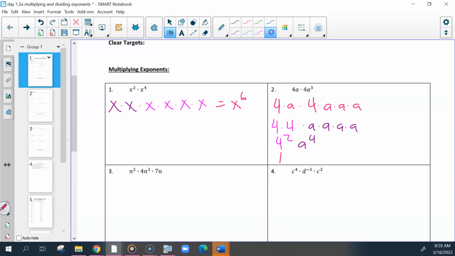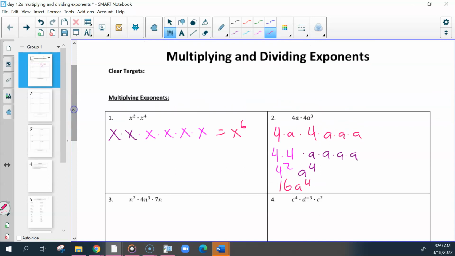So yes, 16 a to the 4th. So yes, we are adding the exponents, but there's specific rules that go along with that. We can only add the exponents if we have like bases. So I couldn't add the exponents of 4 and a together because they're different bases.